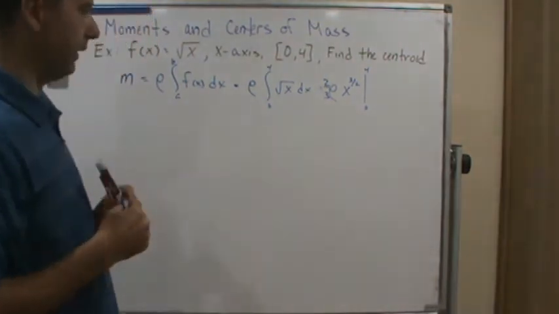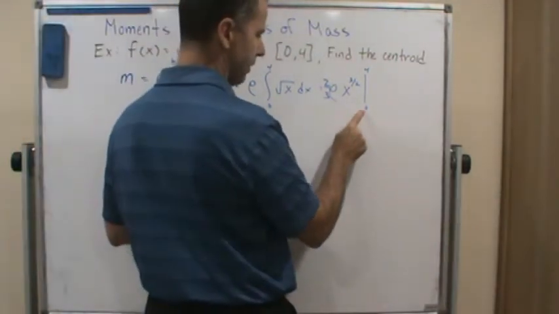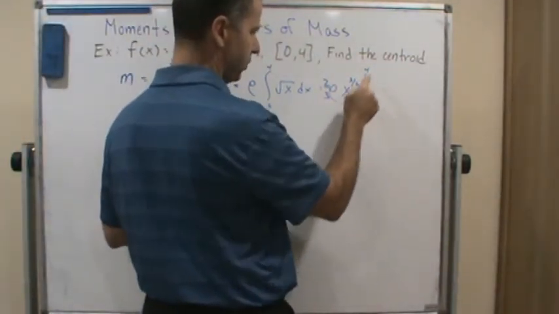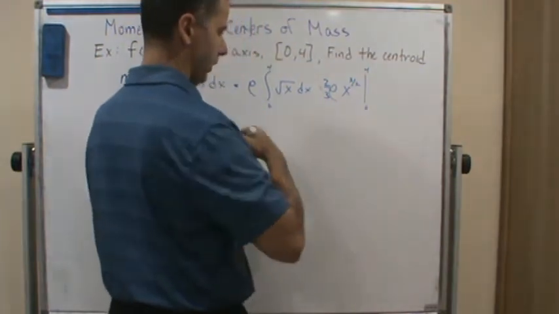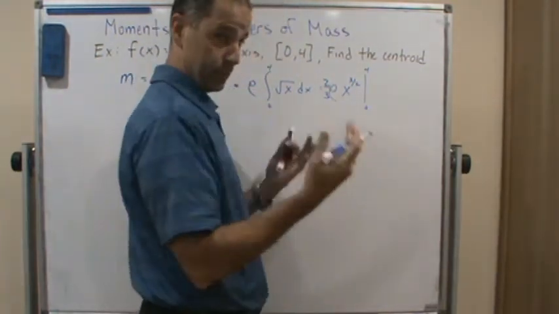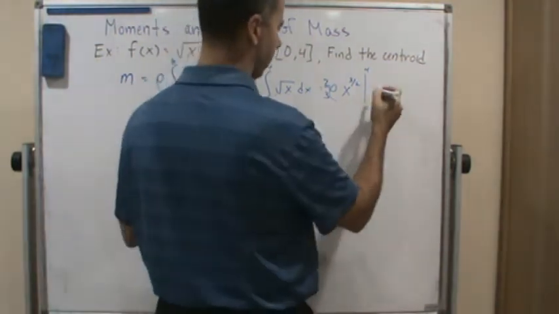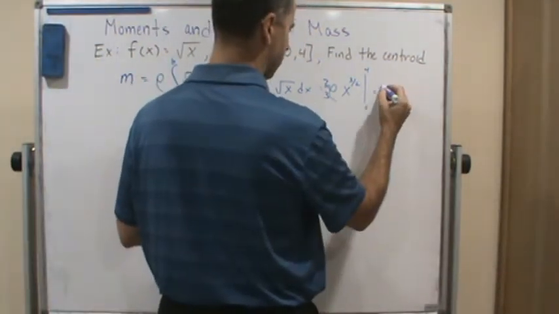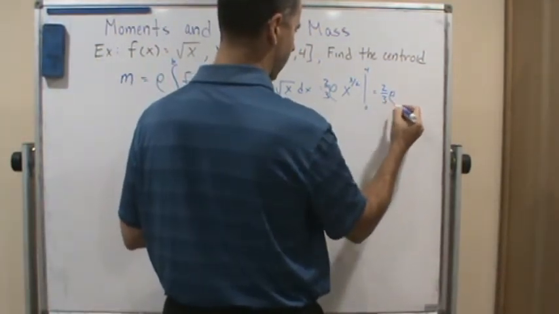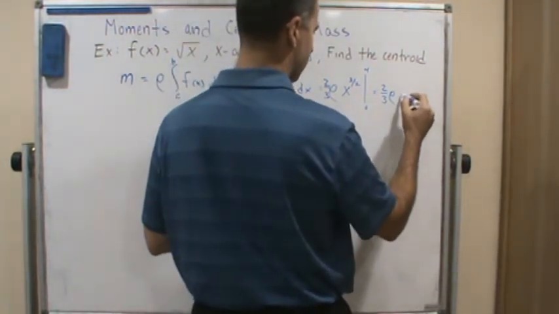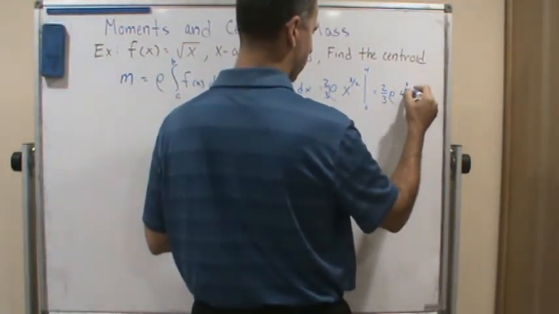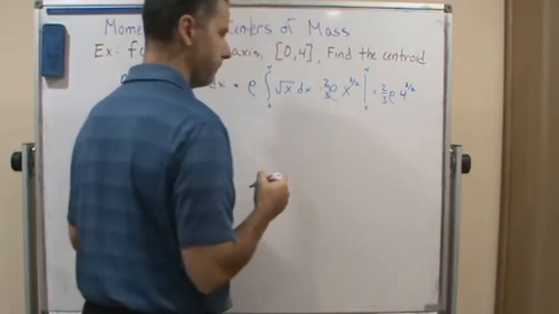Since the value at 0 is 0, we're just subtracting off 0 anyway, so we just evaluate at 4. This is going to be 2/3 rho times 4 to the 3/2.